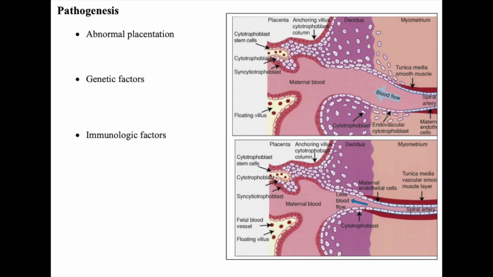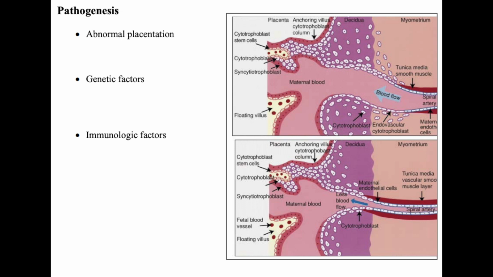So in normal pregnancies, spiral arteries of the myometrium lose muscular wall and become distended. In preeclampsia, they don't lose this muscular wall and they remain constricted. This results in increased uterine vascular resistance and causes up to a 30 to 40% decrease in uterine blood flow.